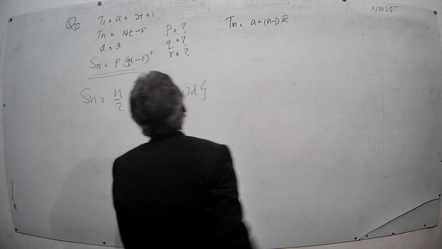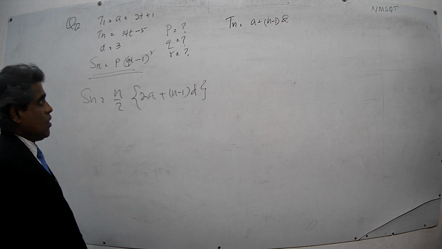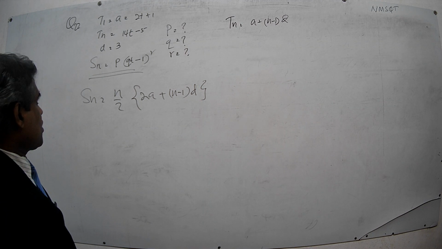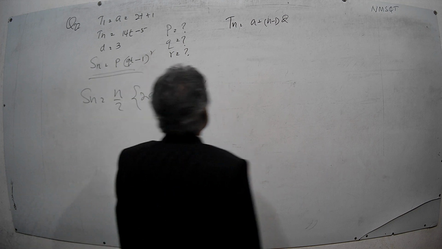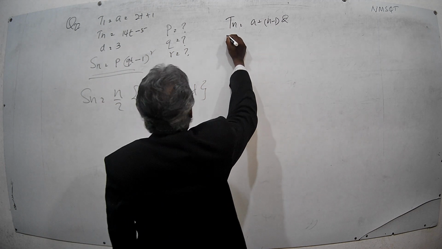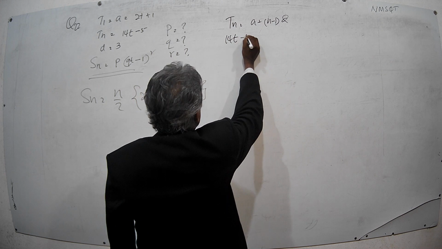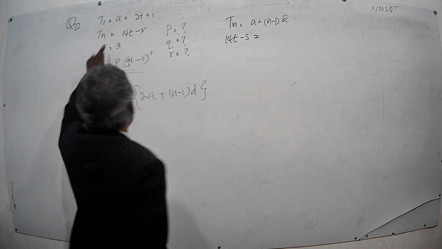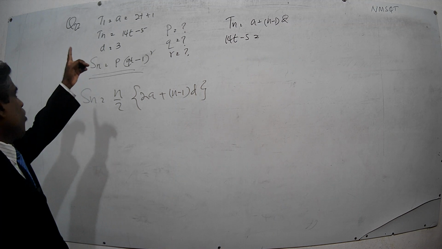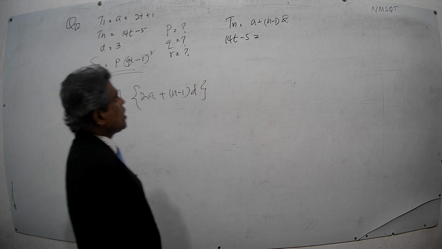So that is right. Okay. Then Tn, they have given the Tn formula. See, the nth term is 14t minus 5, substitute here. 14t minus 5 equals, that is given here. Instead of Tn, we write the expression given for Tn in the question.